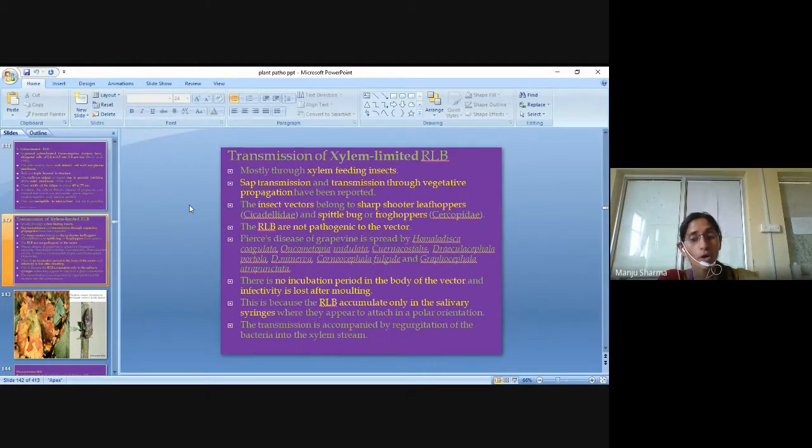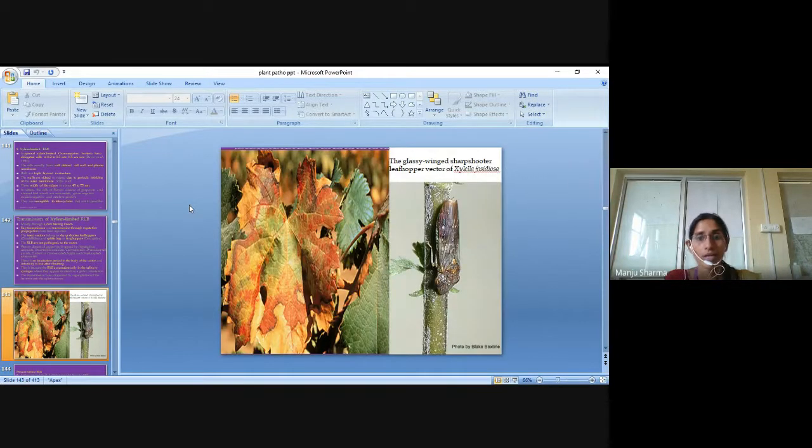This is because the RLB accumulate only in the salivary syringe, where they appear to attach in a polar orientation. The transmission is accompanied by regurgitation of the bacteria into the xylem stream. Here is the infected plant, and there is the vector.